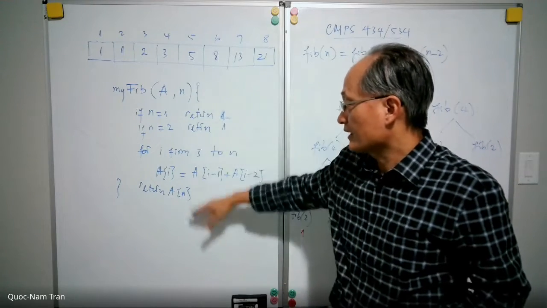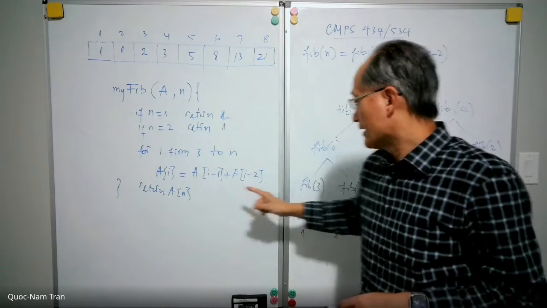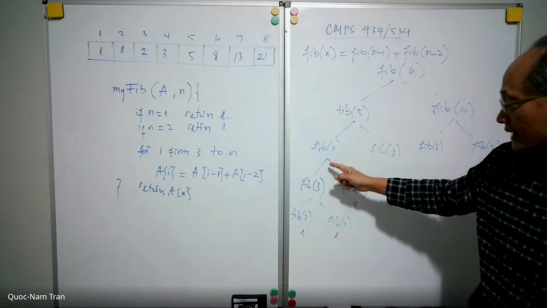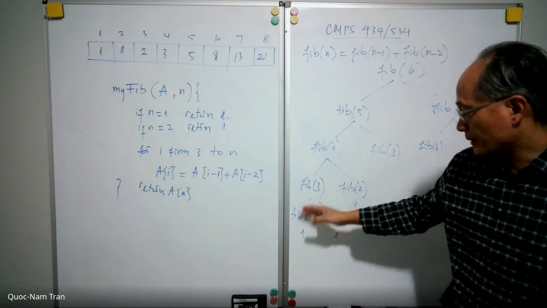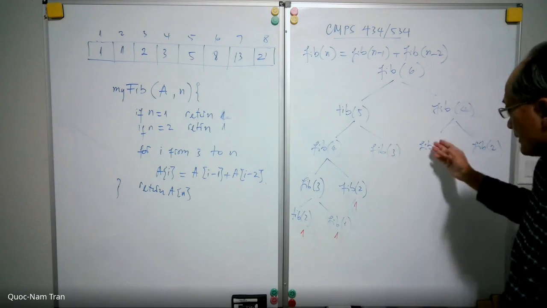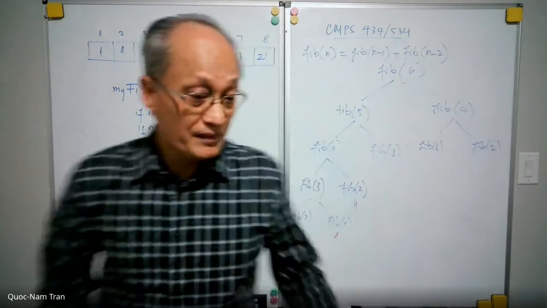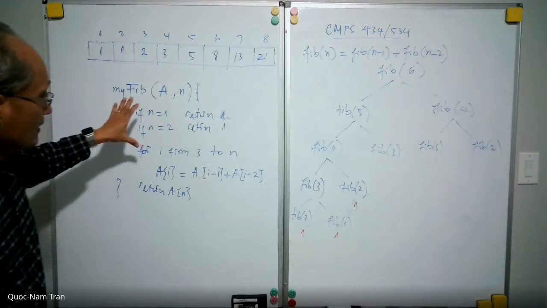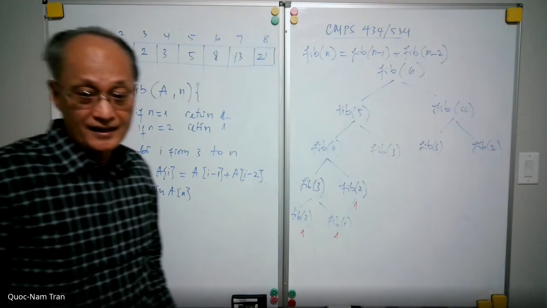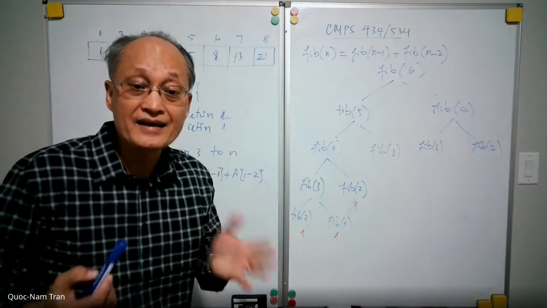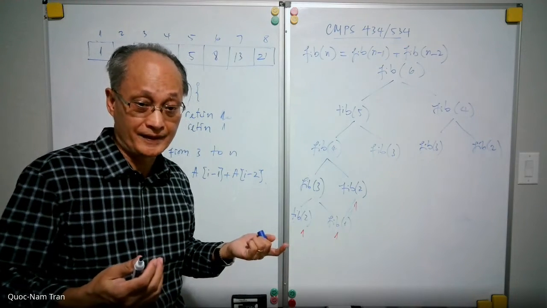However, this algorithm has the advantage of not repeating the calculation. For example, fib of 3 would be repeated here and here and here again, right? So the good thing about this algorithm is avoiding the unnecessary repetition of some calculation, right?